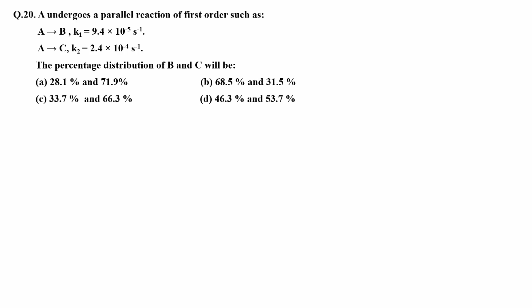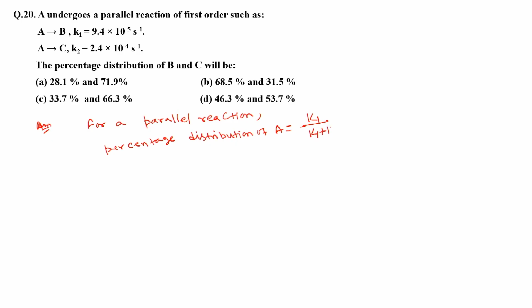Okay. Now, for a parallel reaction, percentage distribution of A is K1 by K1 plus K2, we already discussed this one, times 100.